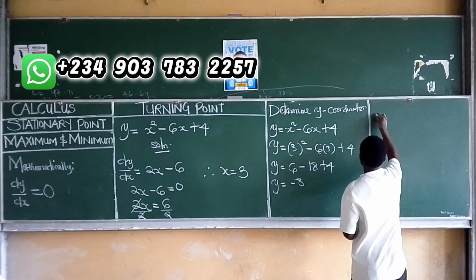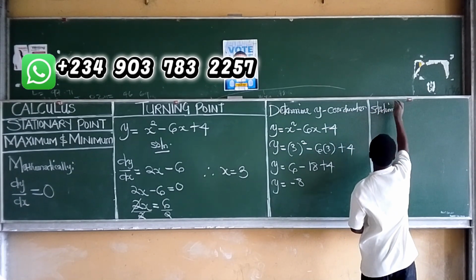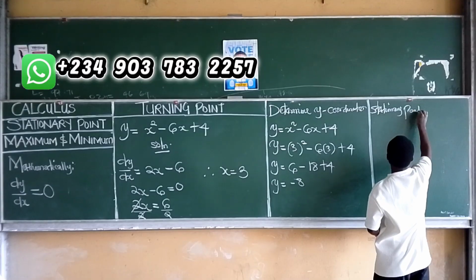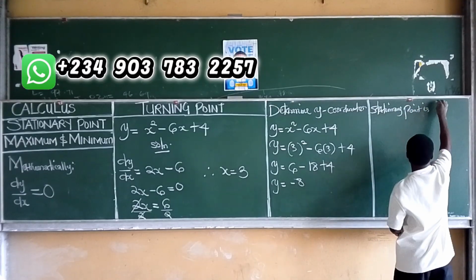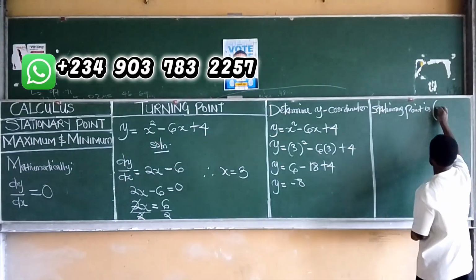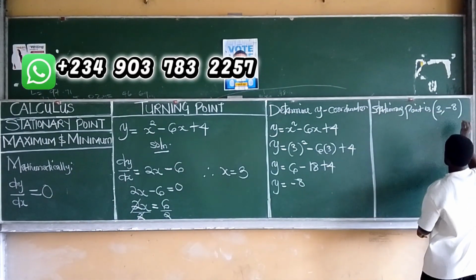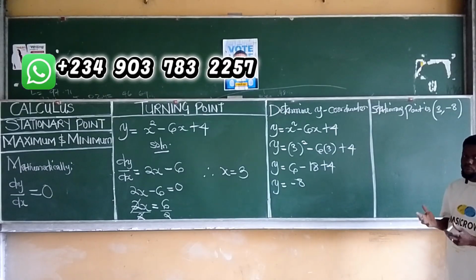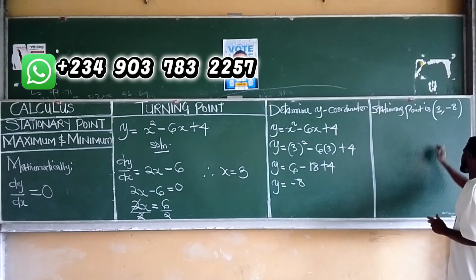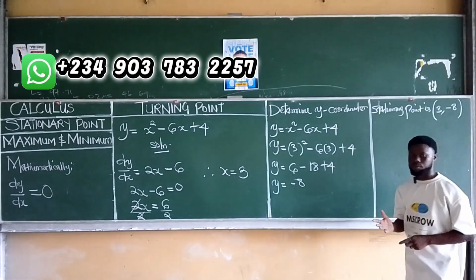So stationary point is (x, y). So x is 3 and y is minus 8. Take note, at any point in the coordinate system, it is always represented with x, y. Take note of this concept.